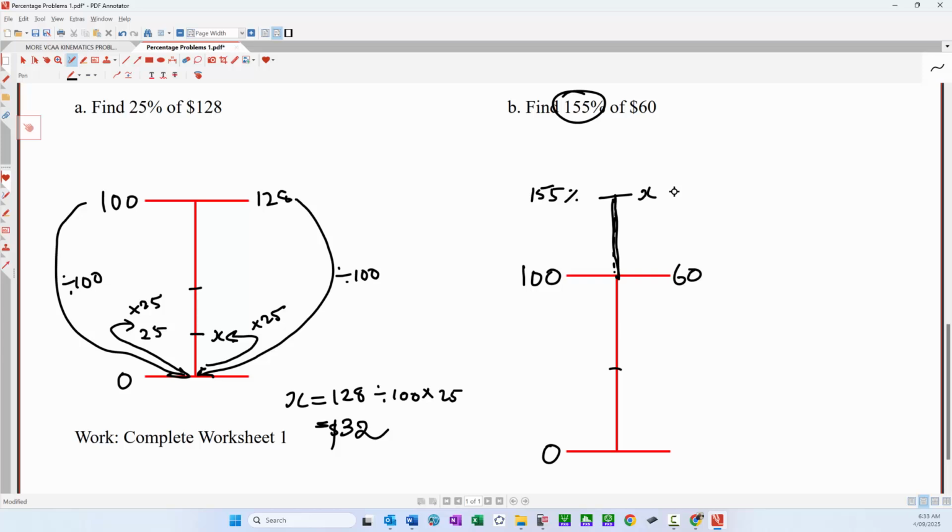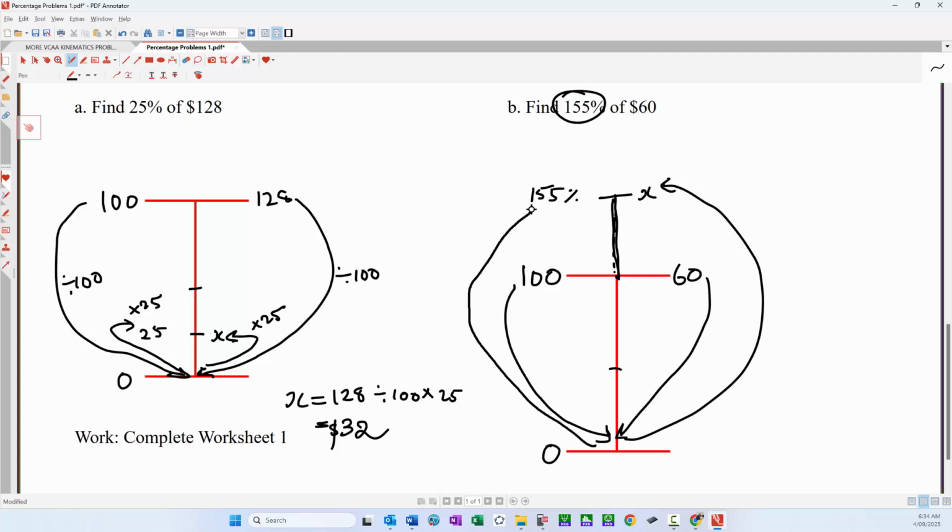Alrighty. The rule is that we start with the side with the unknown, excuse me, start with the known. 60 is the known. Take it down to 1, to the unknown. Literally copy the arrows over here, down to 1, up to 155.